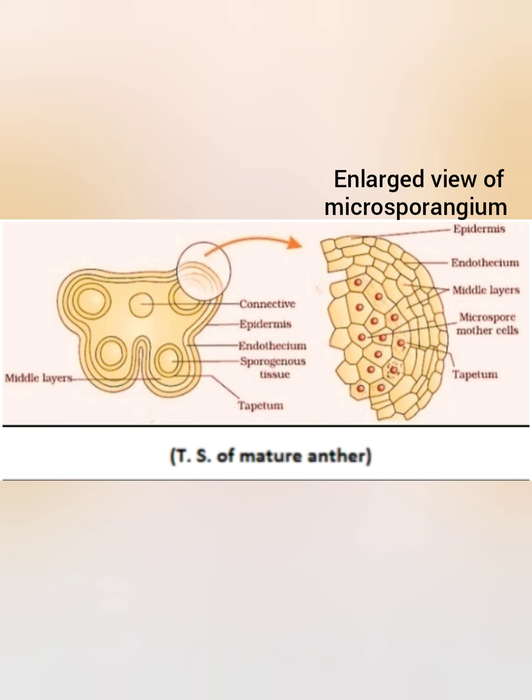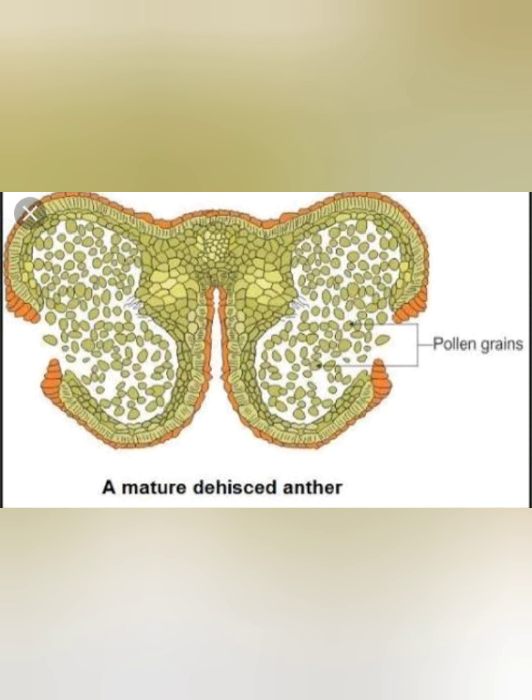The outer epidermis, next the endothecium, next the middle layers, which are usually two in number, and on the inner side the tapetum. The outer three layers, that is epidermis, endothecium and the middle layers, give protection and help in dehiscence of the anther. What is dehiscence? Opening of the anther. Why will this opening of the anther happen? To release the pollen grains which are present inside the pollen sacs.